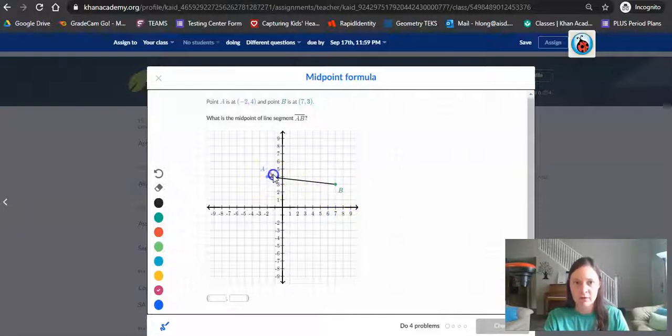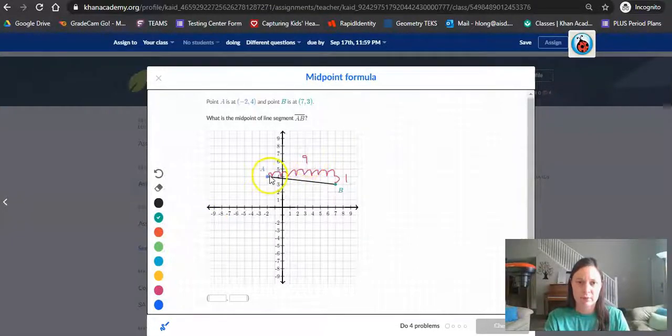And so if I want to count it on the graph, that's 1, 2, 3, 4, 5, 6, 7, 8, 9. And then this is 1. And so I'm going to now come and do half of that.